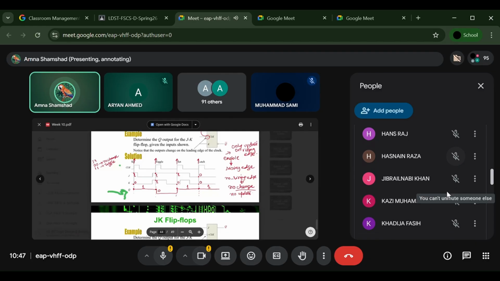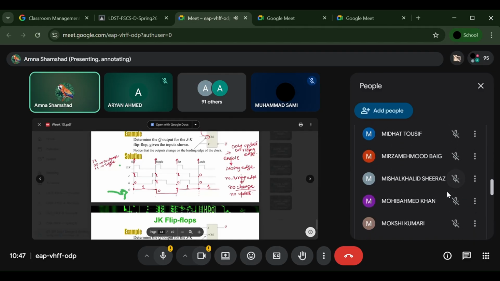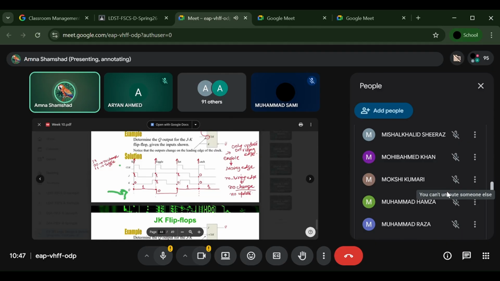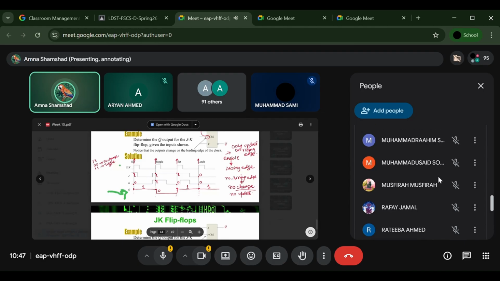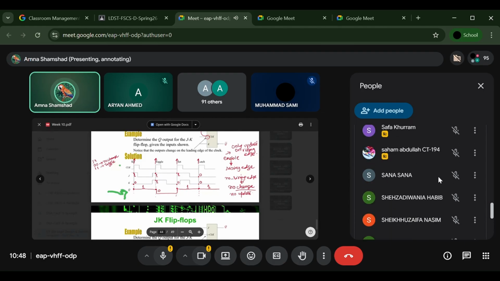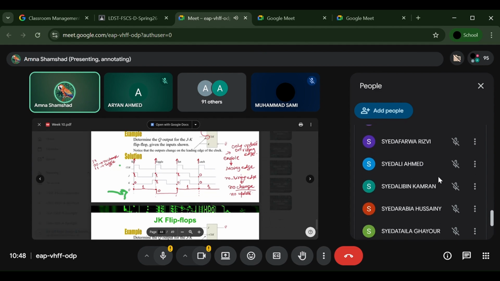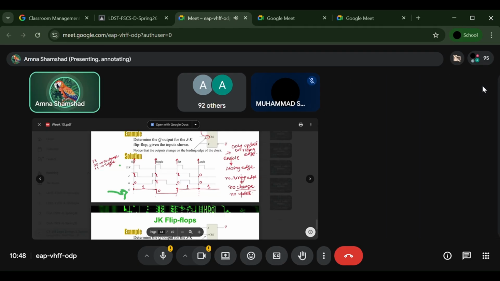And how will I draw this Q? I will check my clock. This is the rising edge of my clock. Then I will check my J and K. J is 1, K is 0. So what will be the output for J 1 and K 0? It will set, because J input is 1 and K is 0.